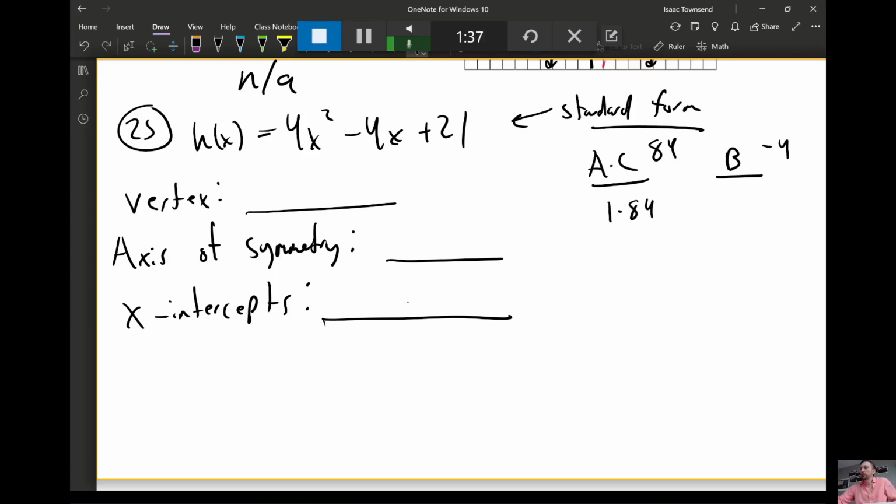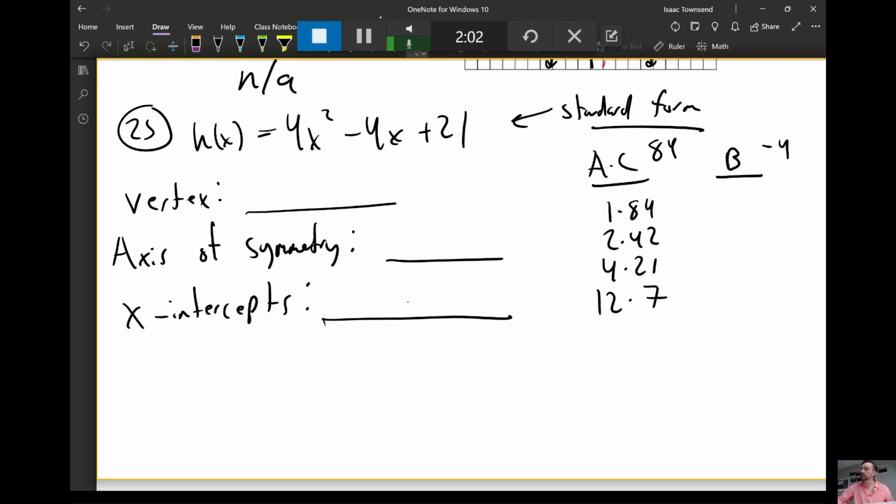So 1 and 84, or both negative, but that doesn't help. 2 and 42, or both negative, those aren't going to add up to -4. Could double this one, which halves this one. If both those are negative, that doesn't add up to -4. I can make this, take out a 3 here.